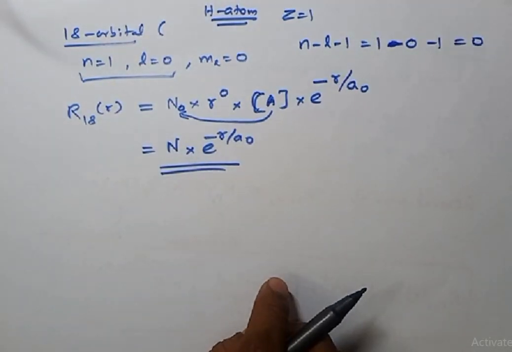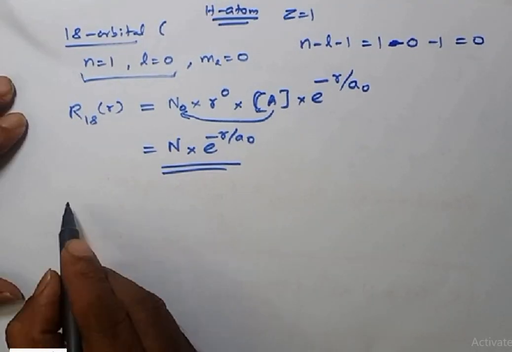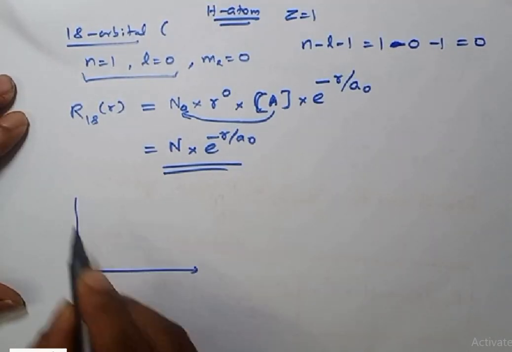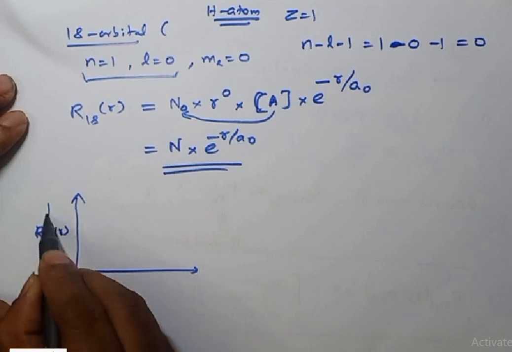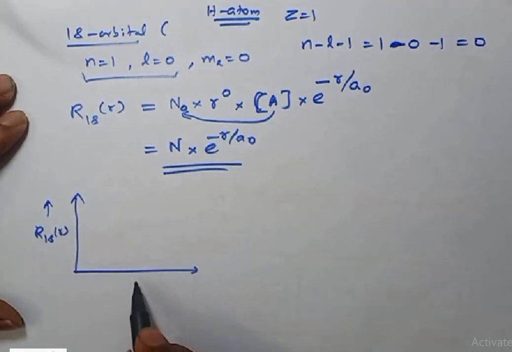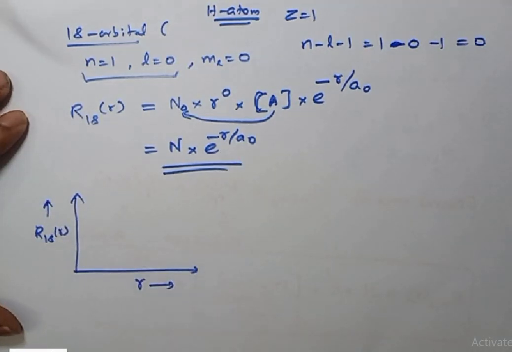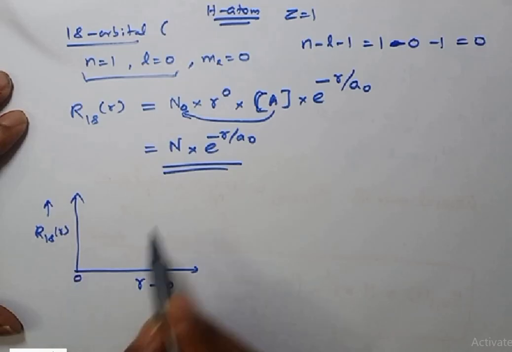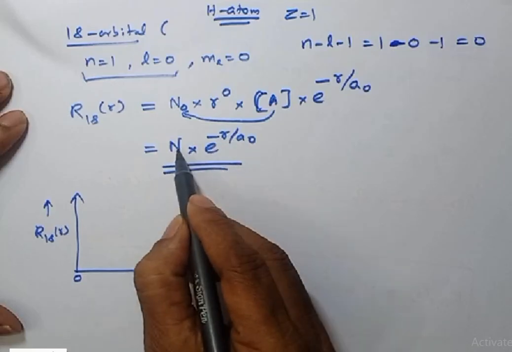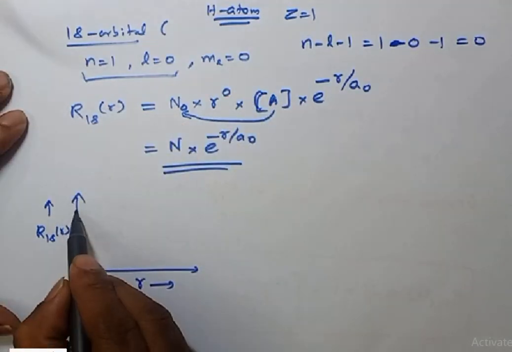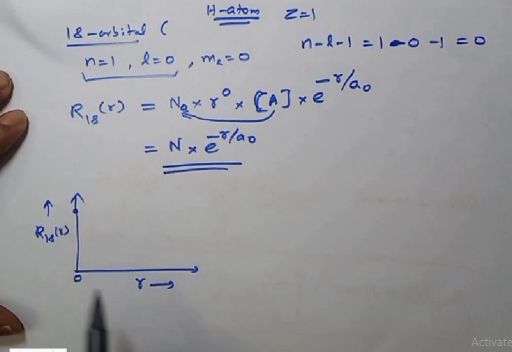Take note. If you plot this radial part of the wave function, R_1s on the y-axis and small r on the x-axis, if I put r equal to 0, I get e to the power 0, which is 1. 1 into N, you will get some value at r equal to 0.